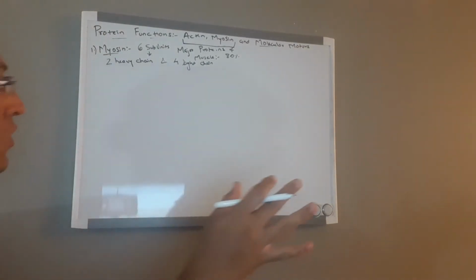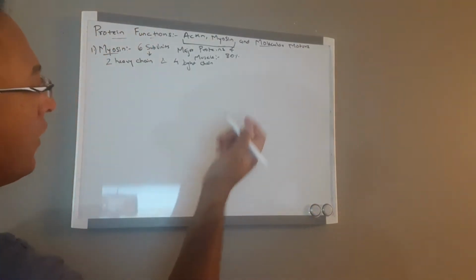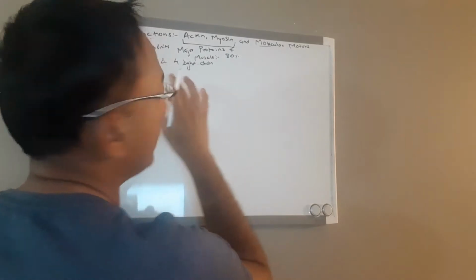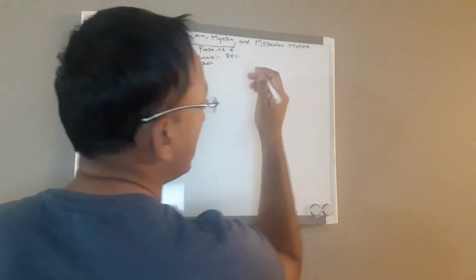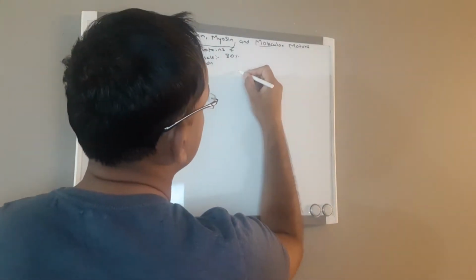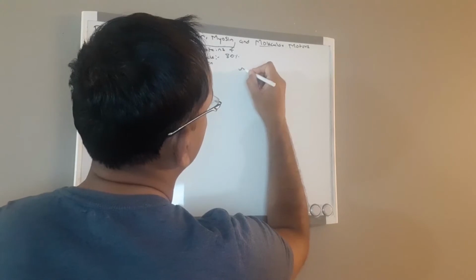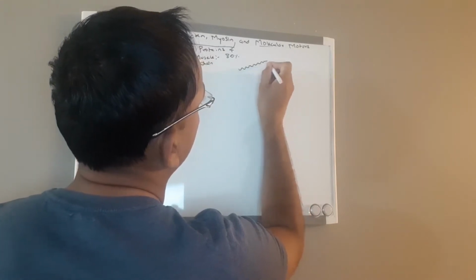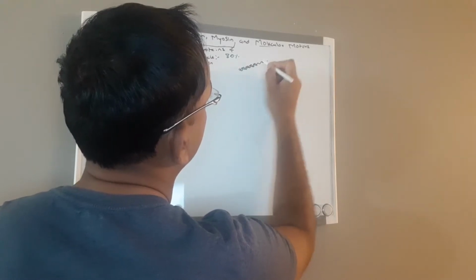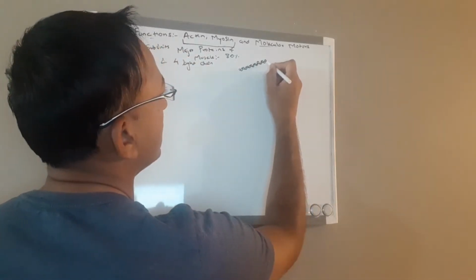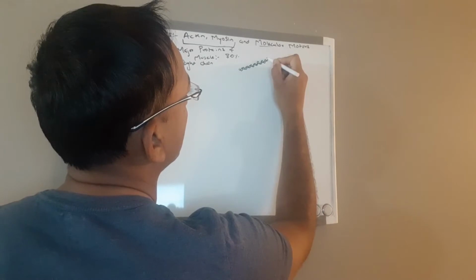So how is the structure of this myosin arranged? I will draw a diagram here. So at the carboxyl terminal, it's something like this.